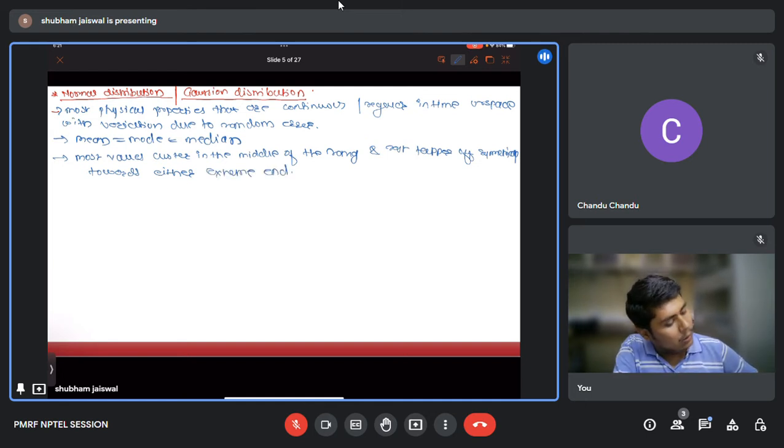Okay, and the probability density function is given by the equation 1 upon sigma under root 2 pi times e to the power minus (x minus mu) square divided by 2 sigma square.